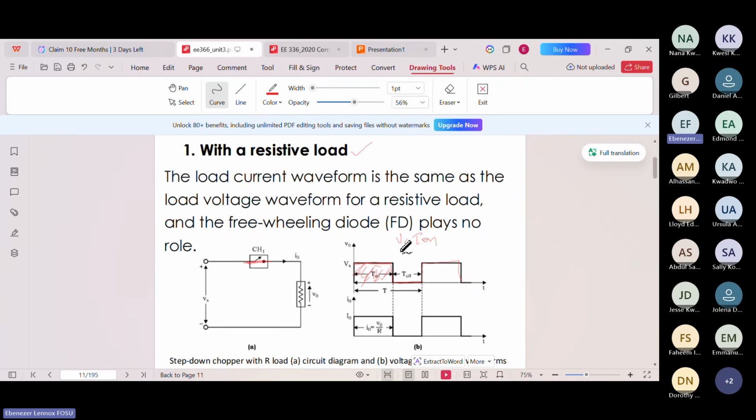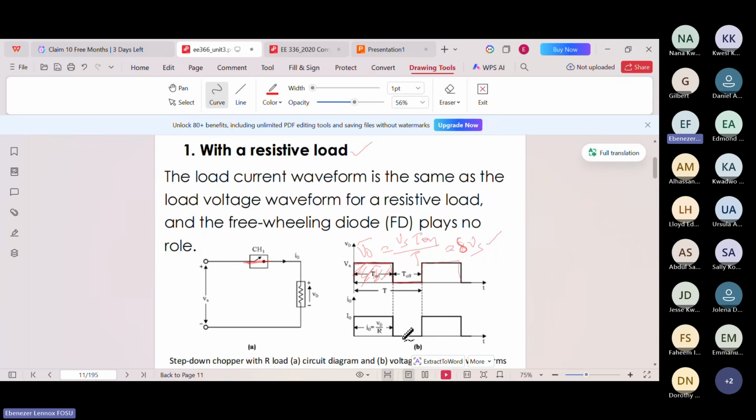You divide it by the period T. This will be V naught average. T on over T is our duty cycle, so the output is the duty cycle, delta, times the supply voltage. This will be the output average voltage.